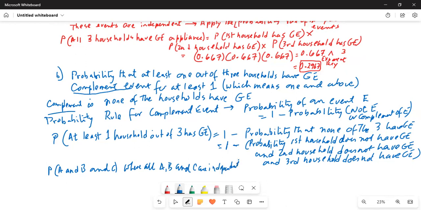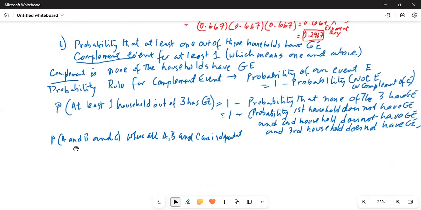And if I create some space, this is equal to probability of A times probability of B times probability of C. Okay. So when we are dealing with independent events, the joint probability, each individual probability gets multiplied.